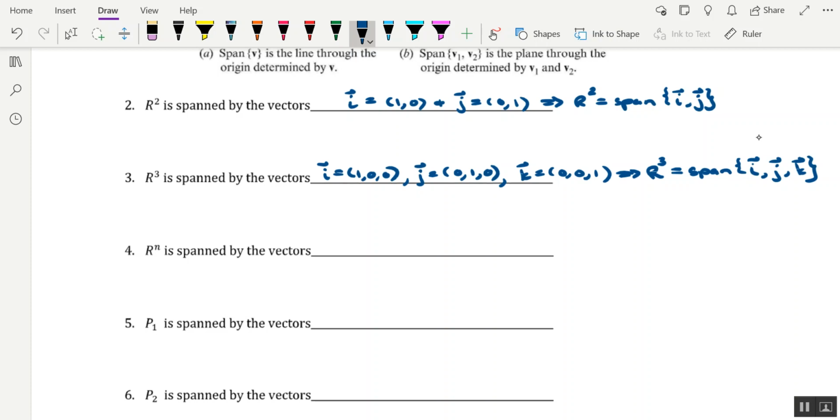As the dimension increases, the set S where we're getting these generating vectors from increases accordingly. Now, Rn would be spanned by the basis vectors e sub 1 through e sub n, which are more generalized versions of i, j, and k. I'll write it as e sub 1, e sub 2, dot, dot, dot, e sub n, which implies that n space is equal to the span of these vectors e sub 1 through e sub n.